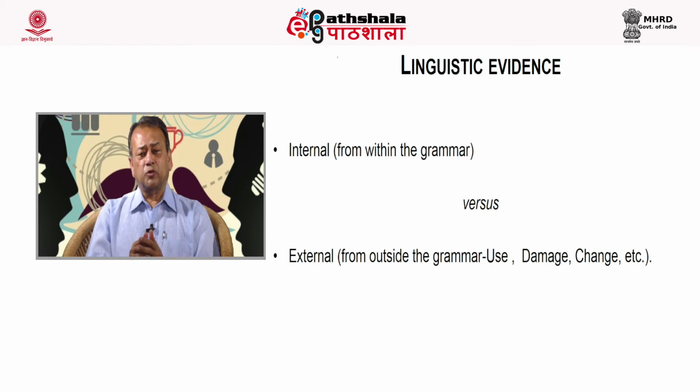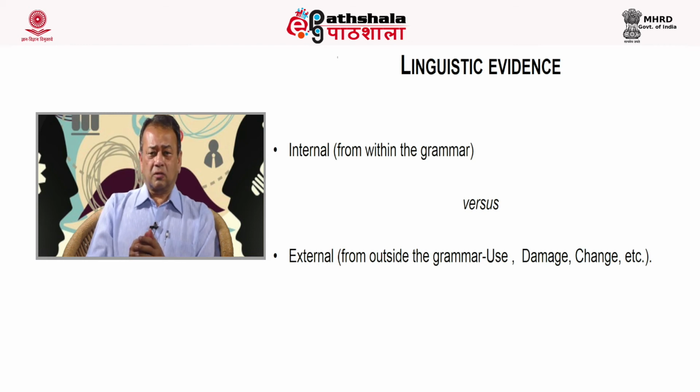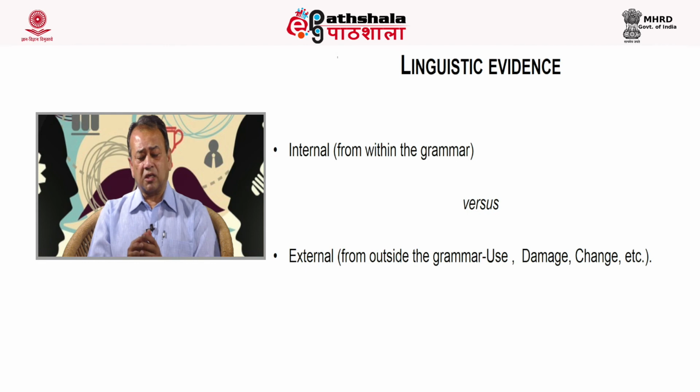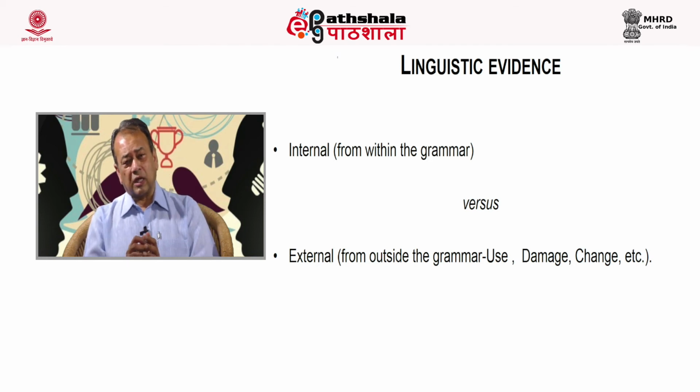That is, functional approaches do not hesitate in making use of data from other domains such as language damage or language change, and even functional theories of grammar also look at how the language is used by the native speaker-hearer.